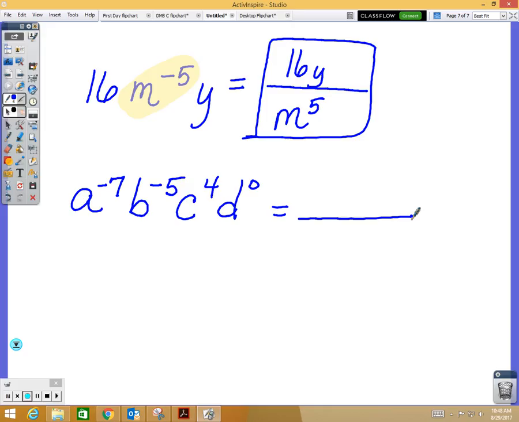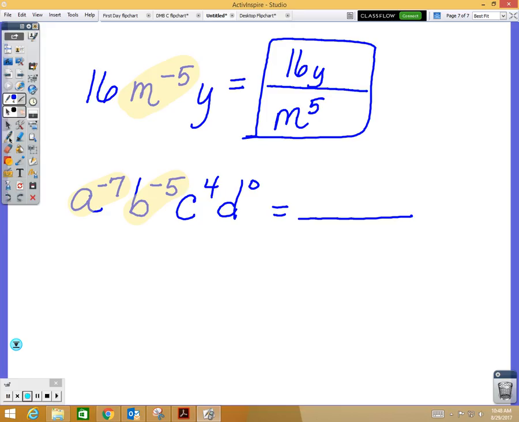Alright, so looking for those negative exponents. A has a negative exponent, B has a negative exponent. Those other two do not have negative exponents. So anything that has a negative exponent, we need to move to the denominator.